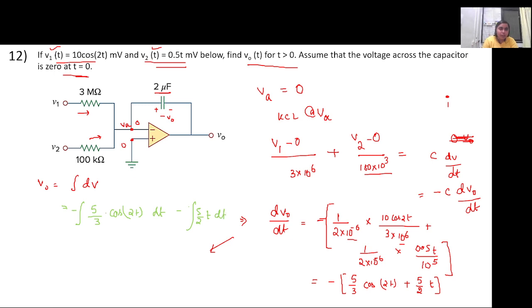And what will be the limit of the integral? We are asked to find V naught of t for t greater than 0, so it will go from 0 to t, right?